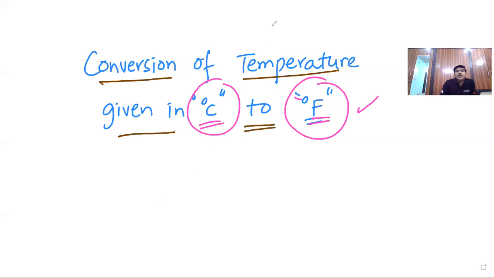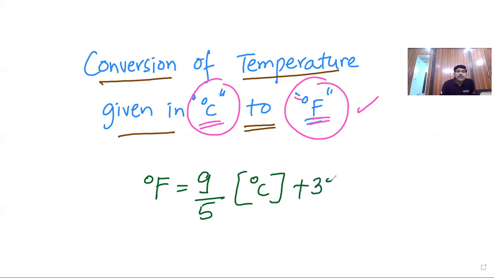Now, what is this formula? Here I got degree Fahrenheit is equal to 9 by 5 into degree centigrade plus 32.